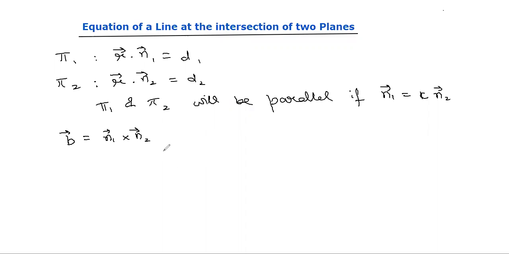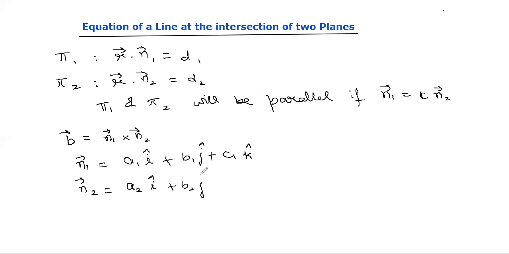And if the plane equations are such that vector n1 is a1i plus b1j plus c1k, and vector n2 is a2i plus b2j plus c2k, then vector b can easily be known.